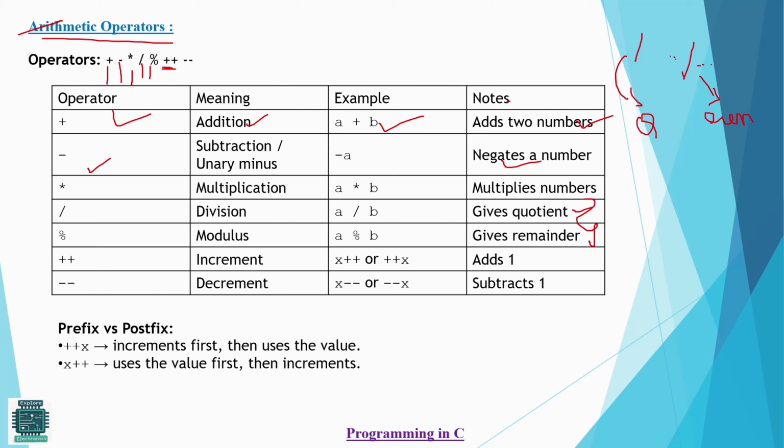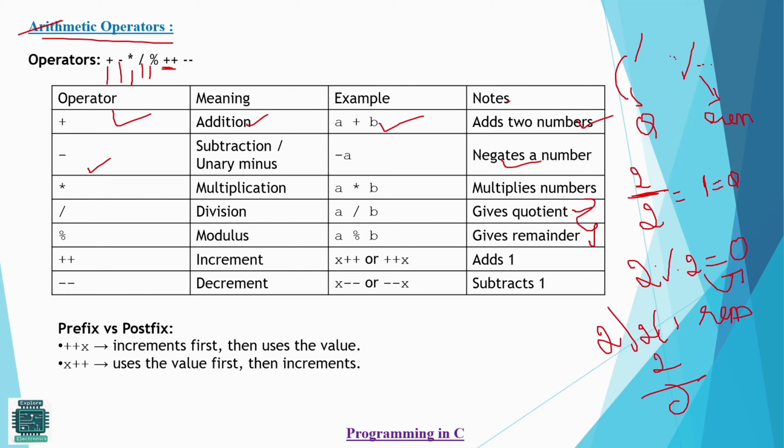For example, 2 by 2, here it is a division operator. I get the answer 1, and this is a quotient. If I do the same way, 2 modulus 2, I'll get an output of 0, because here the remainder is 0. That is, 2 ones are 2, so what remainder do I get? 0. This is what the modulo operation is.